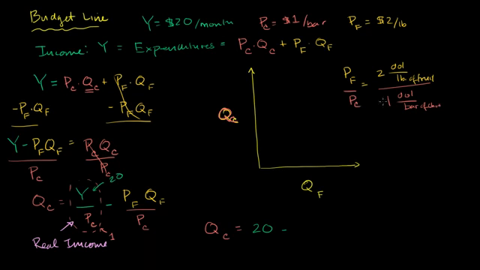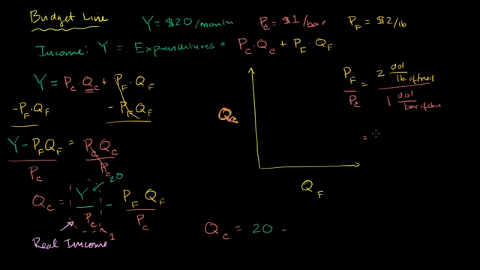Now, obviously, the math is fairly straightforward. We just get 2, but the units are a little bit interesting. You have $1 in the numerator of the numerator and $1 in the numerator of the denominator. Those will cancel out. You could view this as the numerator times the reciprocal of the denominator.